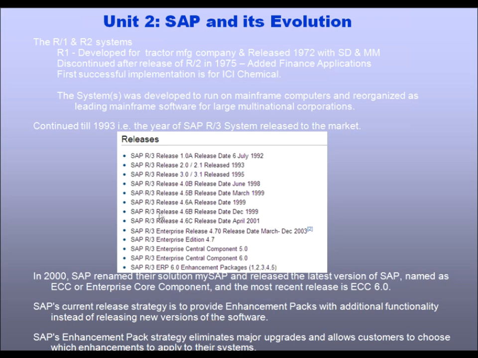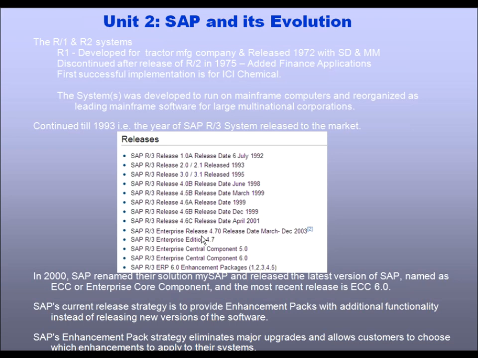That's how SAP evolved. As you can see here, until ECC 6.0, SAP modified many things, like SAP R3 4.6 and then SAP R3 4.7. Since 4.7 they started the enterprise version, which means everything is a component.